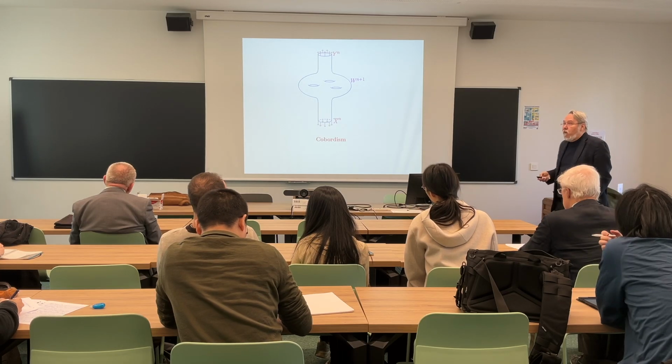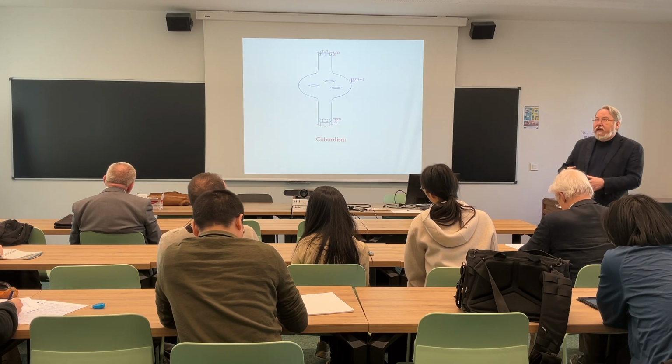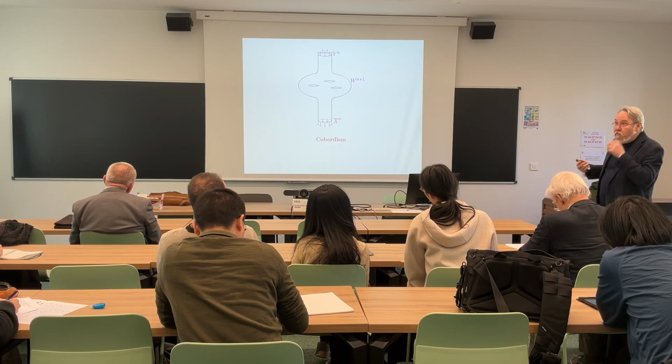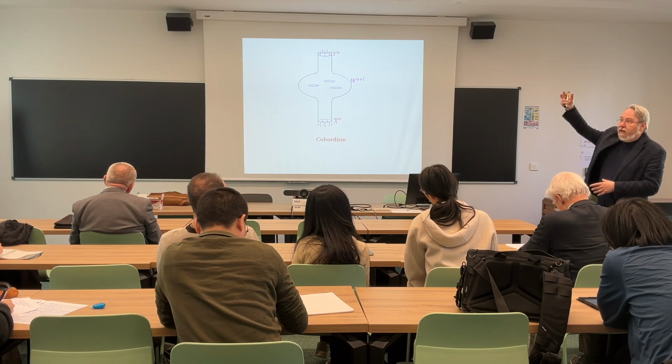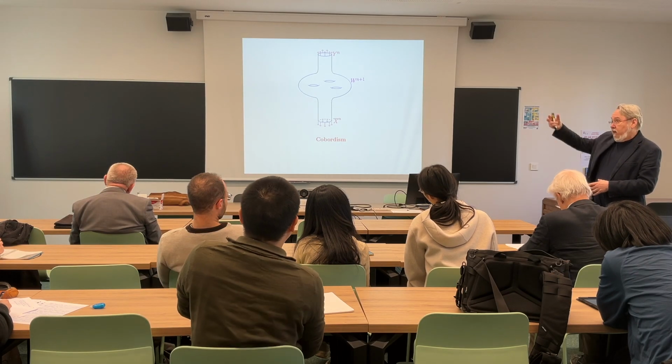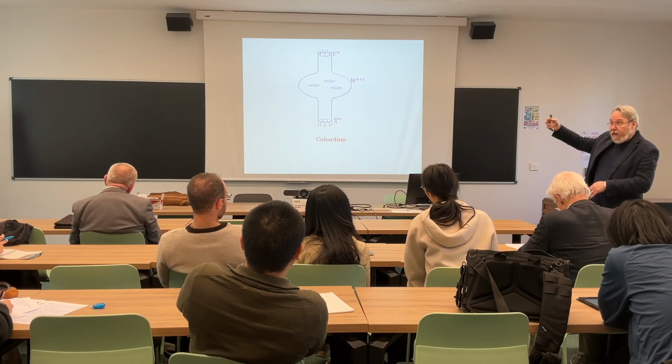So the basic example would be that anything should be cobordant to itself because you could cross it with the interval and you would get an oriented manifold that goes between a copy of the manifold and itself.